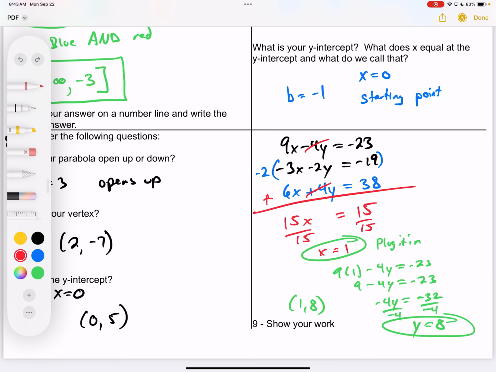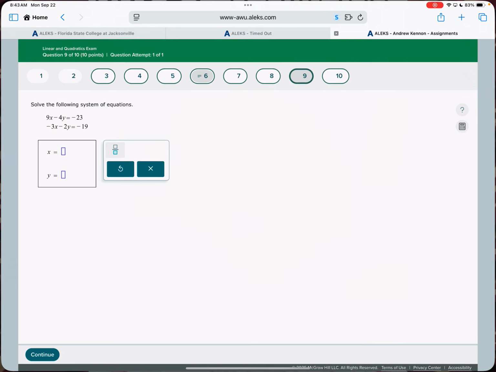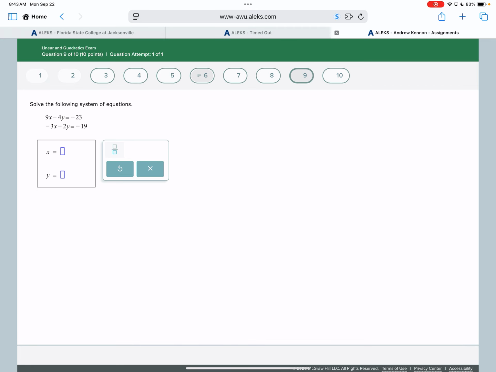Just in case you go back and try to work this problem, I want you to be able to see it. Last problem, number 10, is graphing a linear inequality.